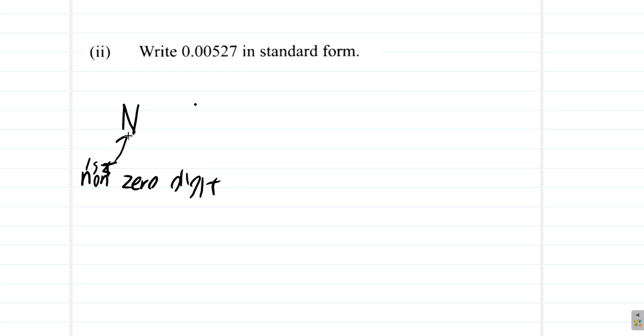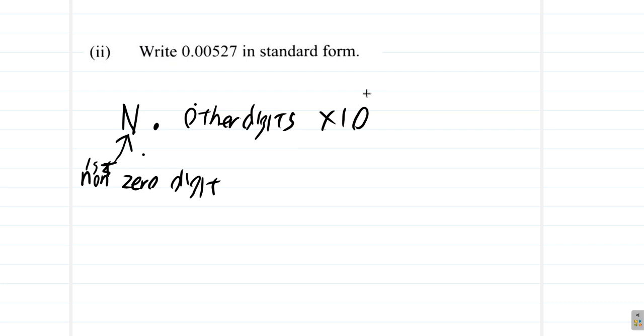The first non-zero digit, when you look from left to right on the number. So from the left you're looking, this is 0, 0, 0, and it's a 5, alright, first non-zero digit, then the decimal point, and then the other digits times 10 to a certain power.